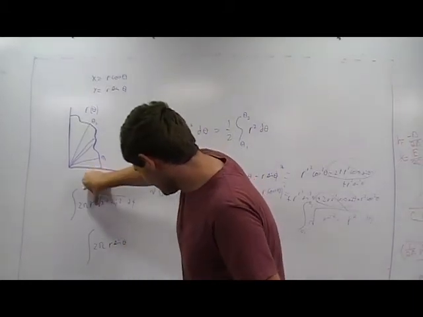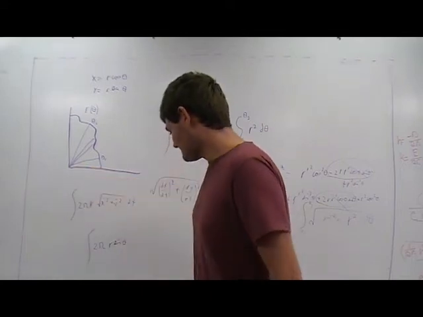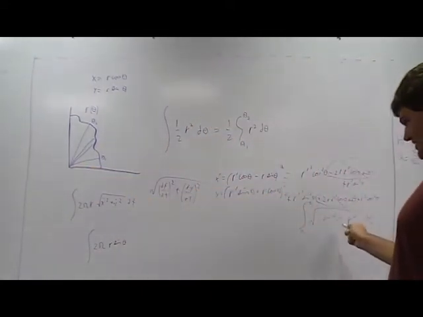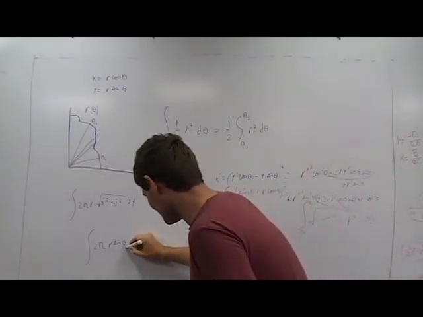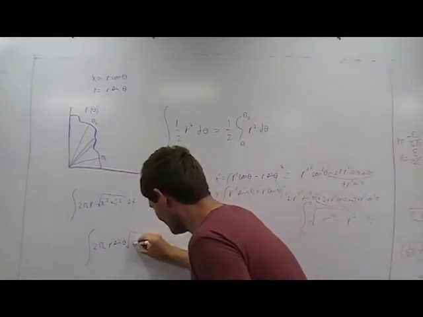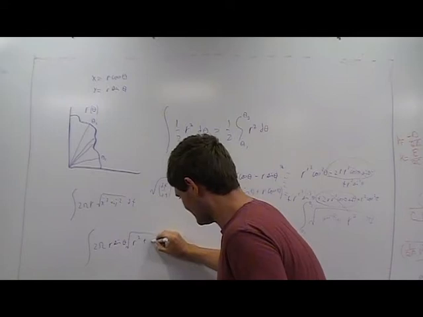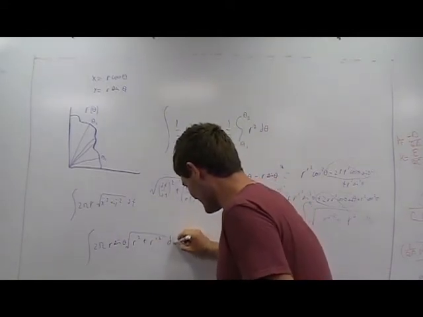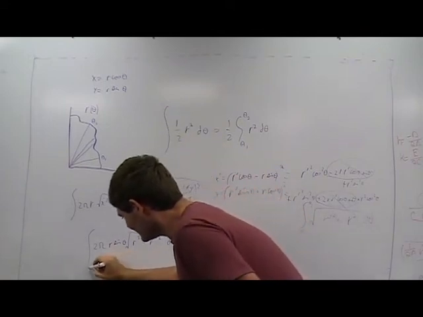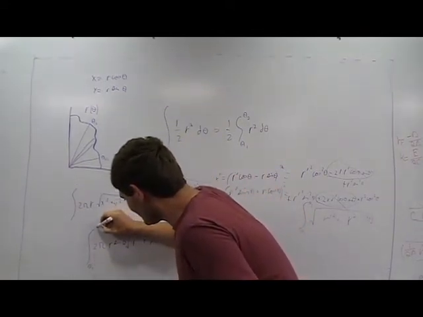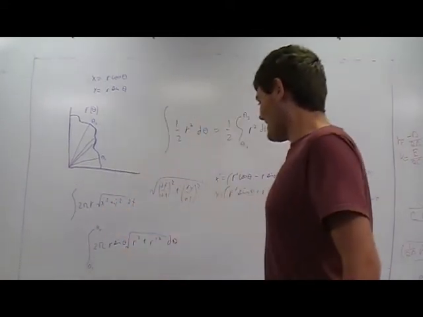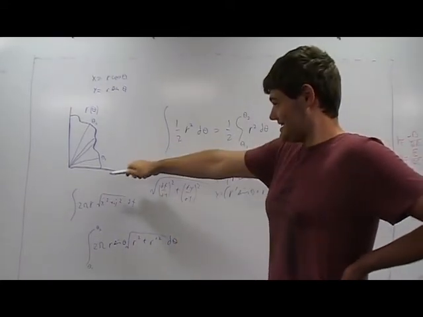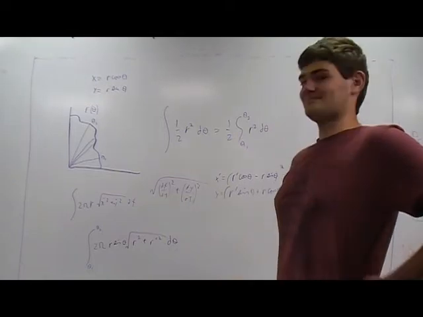Sorry, there's no square in there, my bad. The arc length over here, we just spent quite a long time finding that out, is the square root of r squared plus r prime squared, and we can just slap a d theta onto the end of that and integrate it from theta 1 to theta 2, and there you have it. That will give the surface area of a polar function rotated around the x-axis.